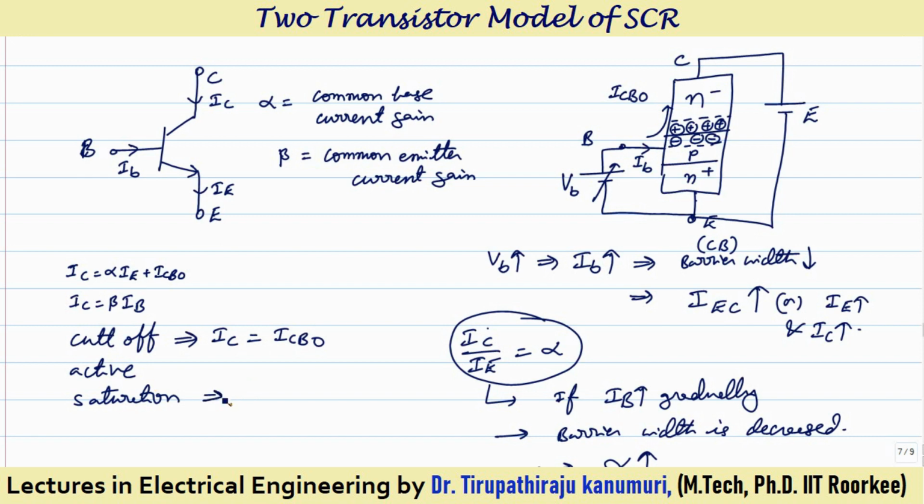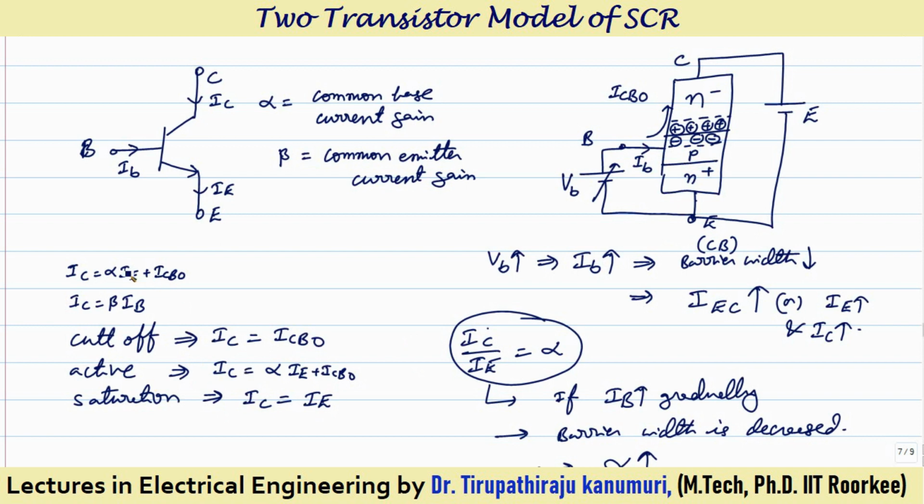In the saturation region, the value of IC will be equal to IE, because leakage current will not be there; the barrier width will break down because it will act as a closed switch. So IC will be equal to IE. In the active region, the value of IC will be equal to alpha times IE plus ICBO, because in the active region this junction is reverse biased and this junction is forward biased.